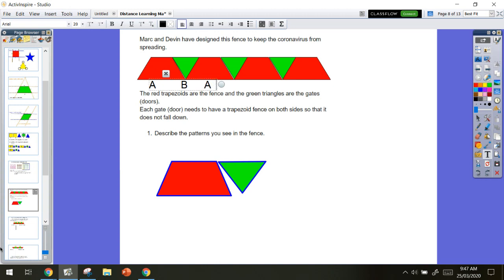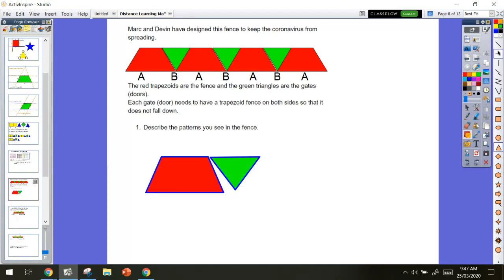A. And then? B. And then? A. And then? B. And then? A. Very good. So we can say that this is the pattern, AB, because then it just goes over and over again.